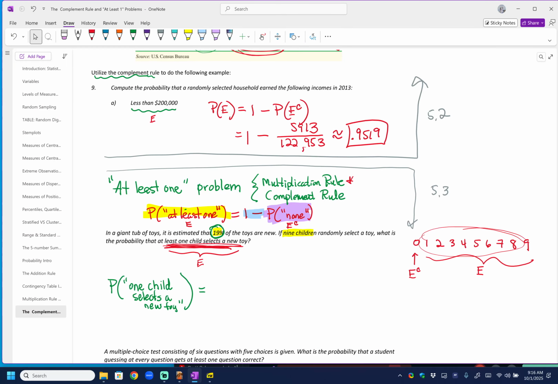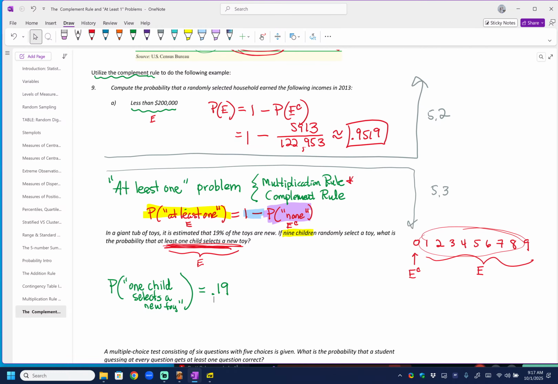The one piece of information that's given in this problem in terms of probability is the probability that one randomly selected child, whoever that is, selects a new toy. And that probability is 0.19, given to us as 19% in our problem.